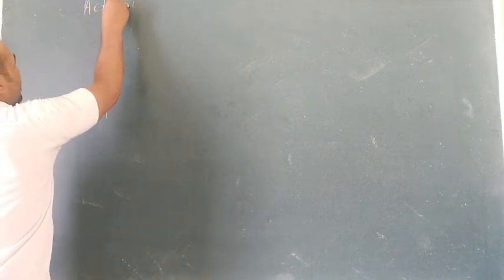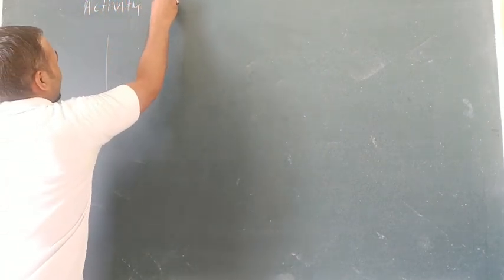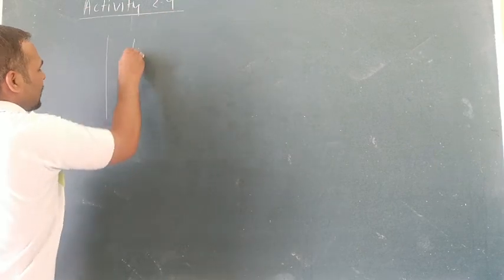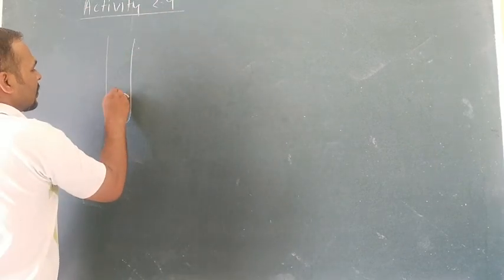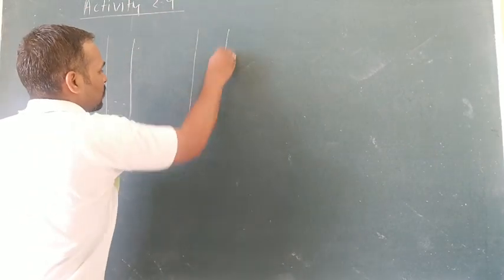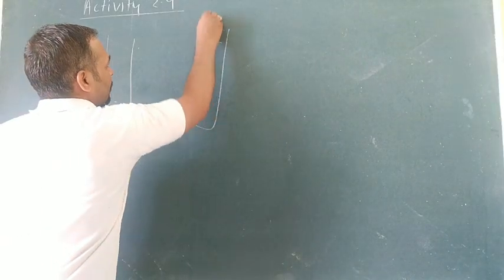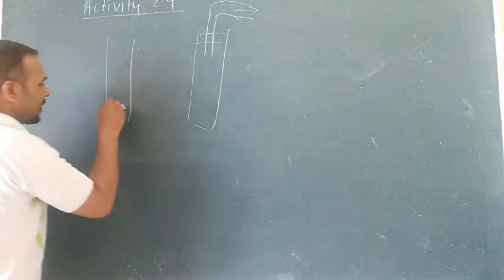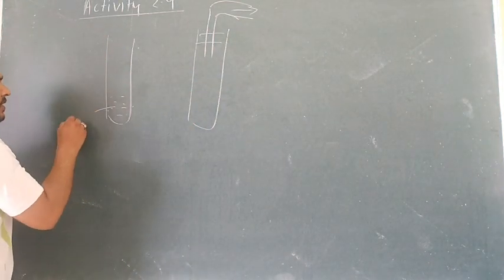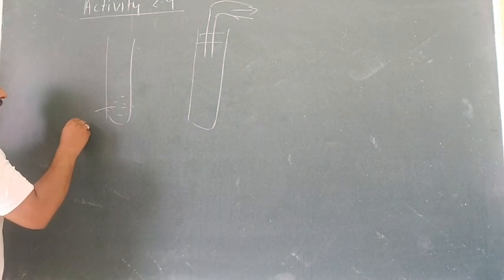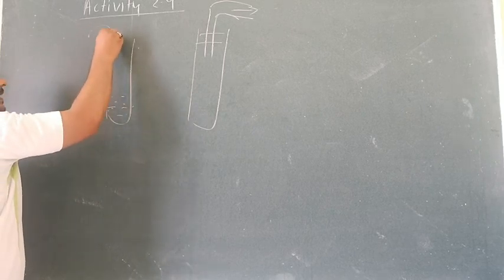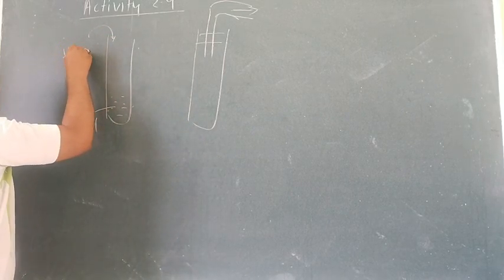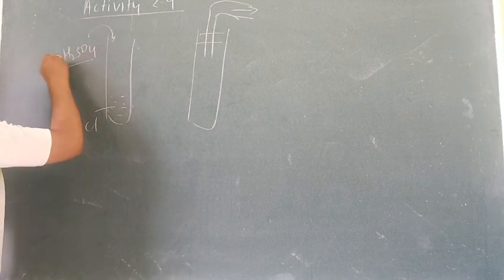In the activity 2.9, you will see there are 2 test tubes, right? In one test tube there is sodium chloride salt adding concentrated sulfuric acid, right?